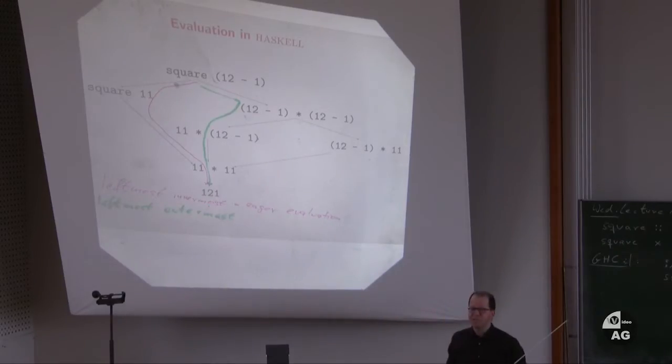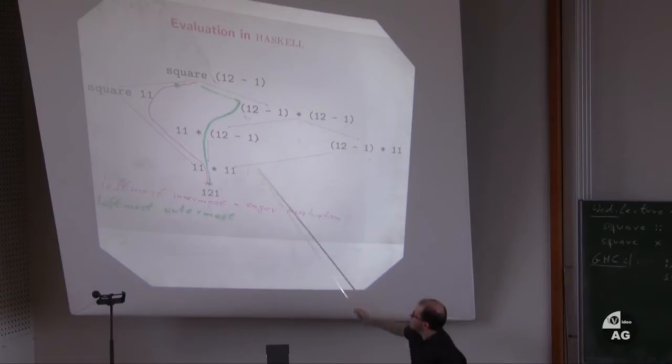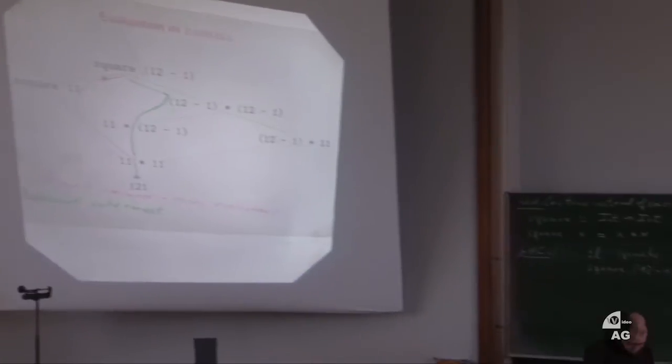Yeah, of course you can type this. And then what happens? Will it first evaluate square or will it first evaluate minus? Yeah, minus, right. So all the imperative languages do leftmost innermost. And many functional languages do that too, but not Haskell. Haskell does indeed something like leftmost outermost.